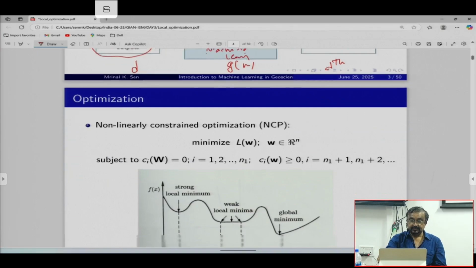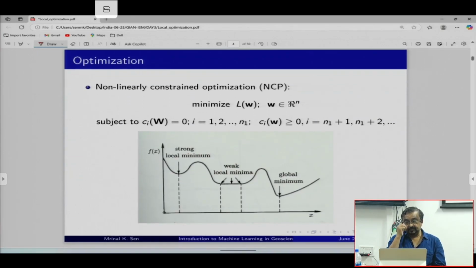Okay, so let's look at this curve here. This is a hypothetical error function or loss function for a variable x, okay? So as you change the value of x, which can be, let's say this is my m or w, and this is my f of m, or w.